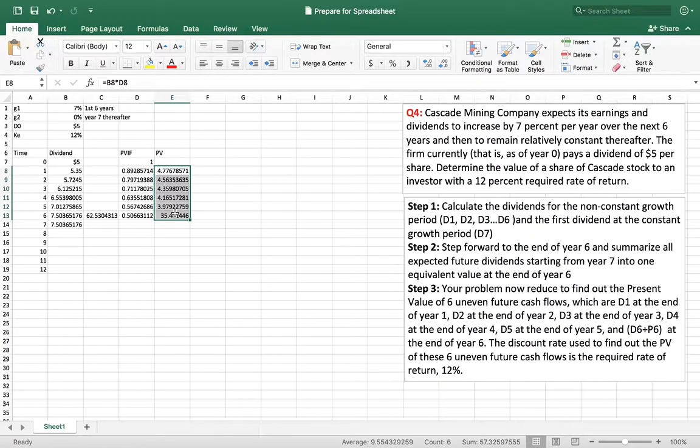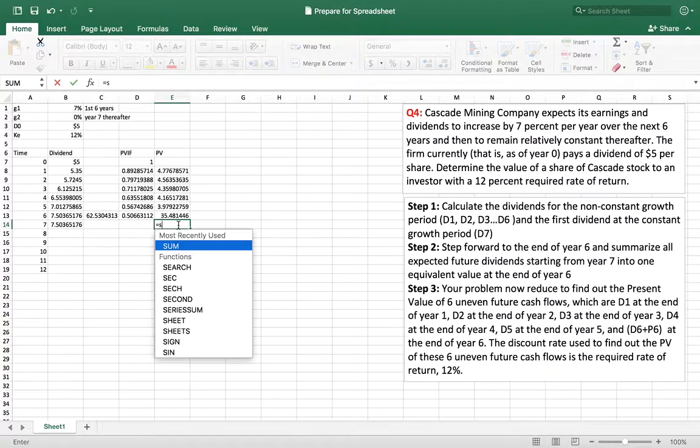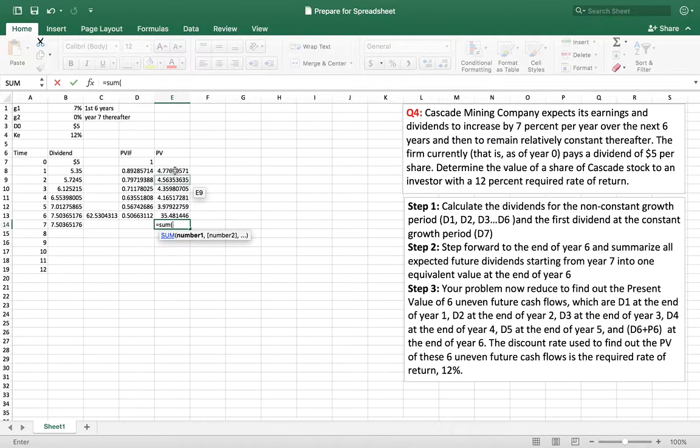I have this value calculated in cell E14 by using the sum function. I type equal sum and then select the corresponding range from cell E8 to cell E13 and press enter. The value shown in cell E14 is the share price.